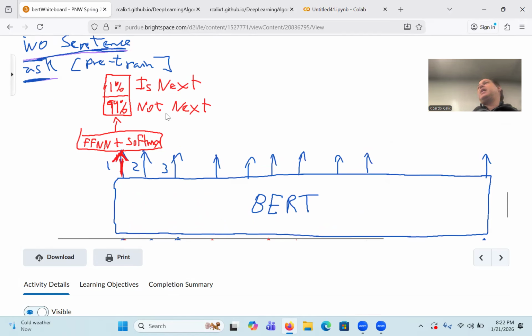So here it could say 99% is not next, therefore is next is 1%. It's a type of classification, but from 0 to 1, it gives us a probability. If you think about it, this is the basis for any kind of BERT model that gives us a score.